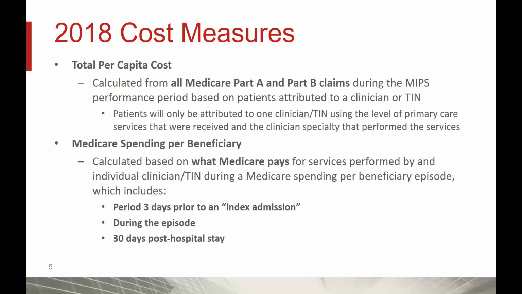The Medicare spending per beneficiary episode window includes a period of 3 days prior to an index admission, which we'll talk about in the next few slides. Spending is evaluated during the episode and also includes 30 days of post-hospital stays. So that accounts for the entire episode.